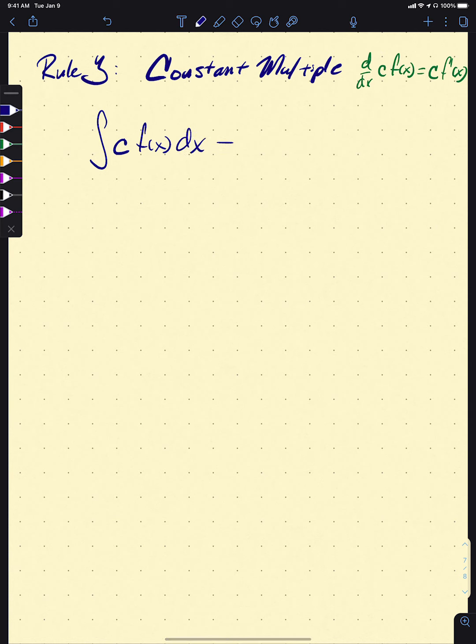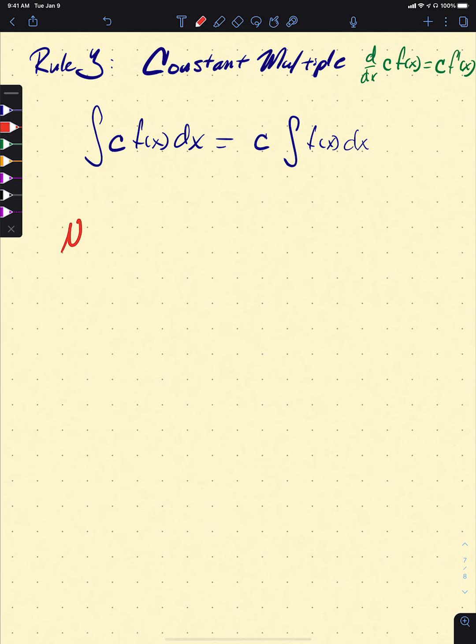Working with these educated guesses is often the way to go. And the antiderivative of c times f of x dx, well, I can pull this constant out, right? Now it's very important, this is not how it works.